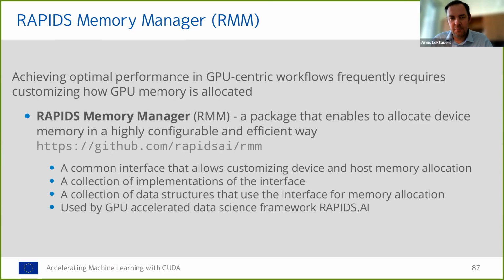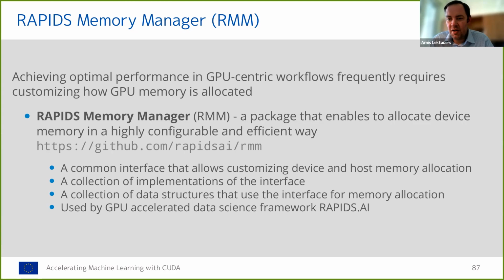But in my opinion, promising solution there is Rapids Memory Manager because it is used by Rapids, but at the same time it is usable also separately at different other tasks and places.